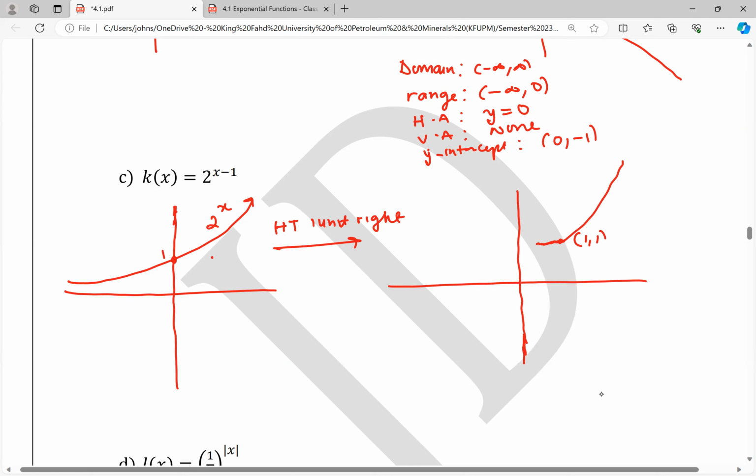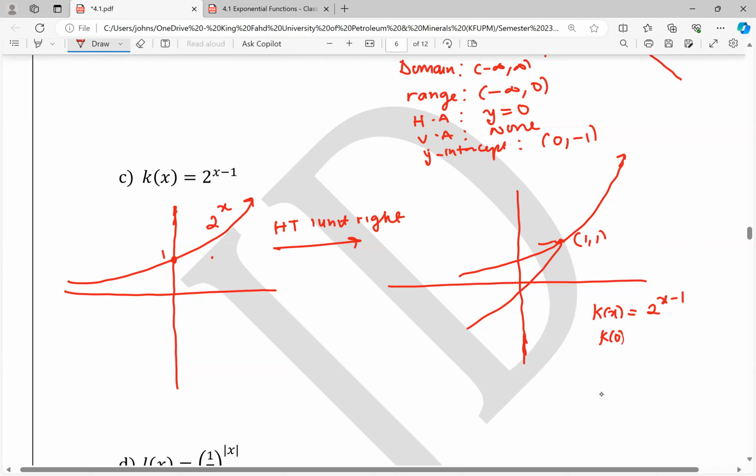Okay, but we need to know where it is going to cut. This is going up. Is it going to cut here or is it going to cut here? You can verify this with the y-intercept. Your function is k(x) = 2^(x-1). The y-intercept means you put x to be 0.